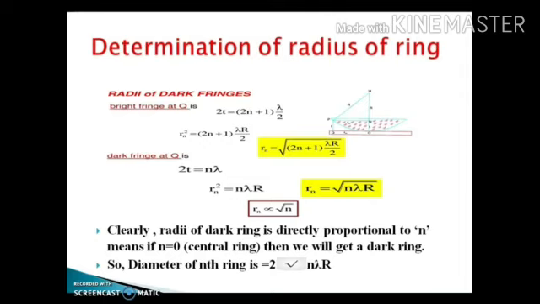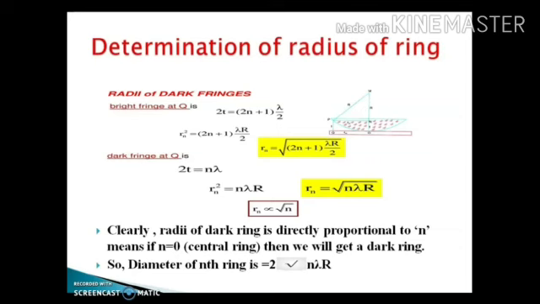So by taking these two radii of bright and dark rings, we can find out the diameters of bright and dark rings also. Clearly you can see from the condition of dark fringe that the radius of nth dark fringe is directly proportional to the square root of n.